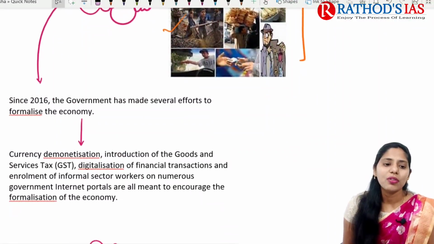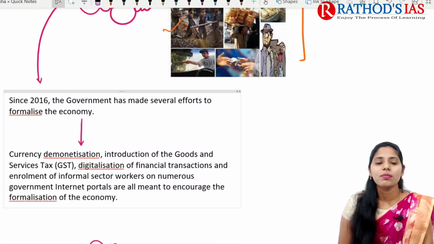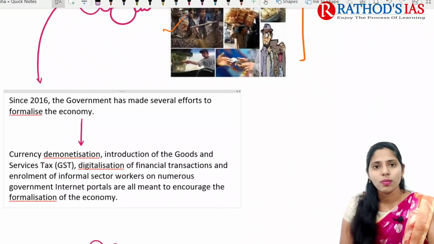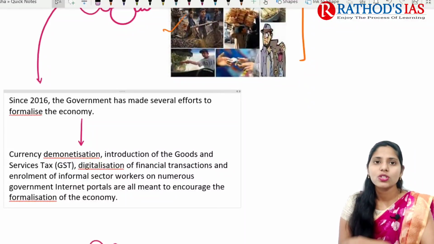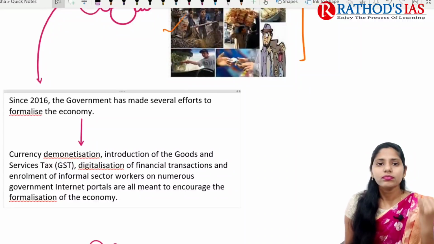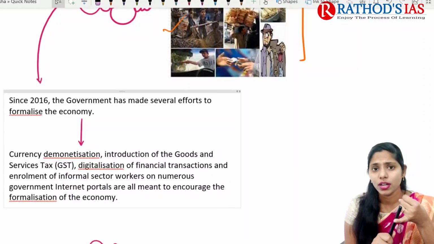If you're talking about the steps taken by the government, since 2016 the government has made several efforts to formalize our economy. So what are those steps? First, I can talk about demonetization.